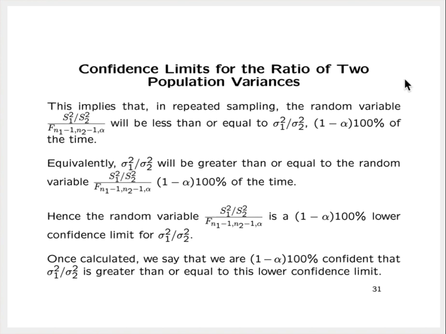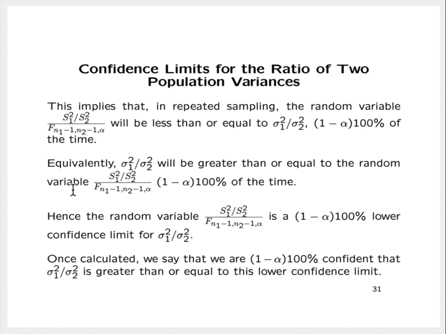This implies that in repeated sampling, the random variable given by the ratio of the sample variances over the upper alpha percentage point of this F distribution will be less than or equal to sigma 1 squared over sigma 2 squared, 1 minus alpha times 100% of the time. We can restate that by saying that sigma 1 squared over sigma 2 squared will be greater than or equal to that random variable, again 1 minus alpha times 100% of the time.